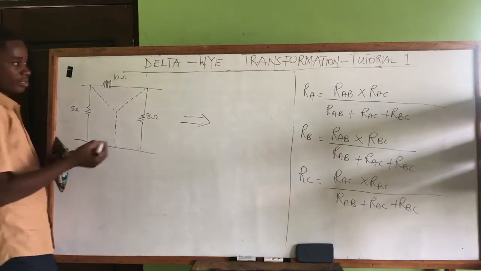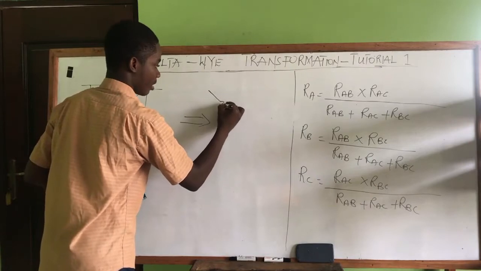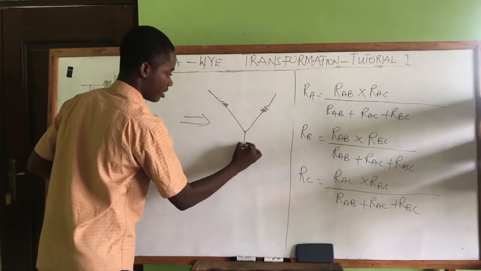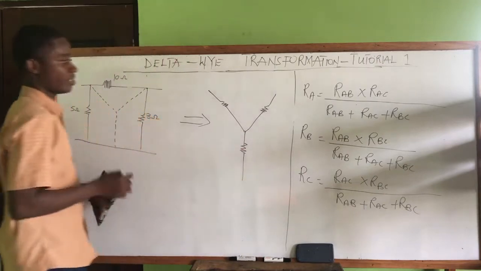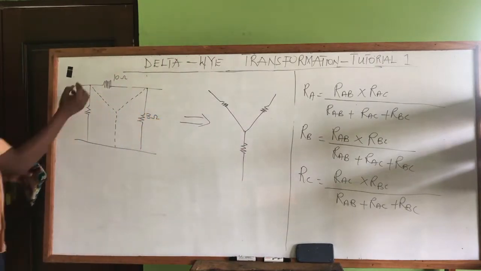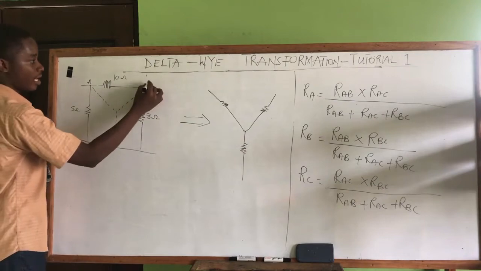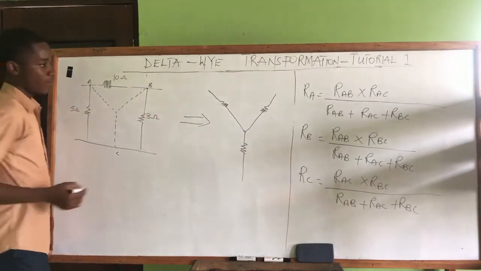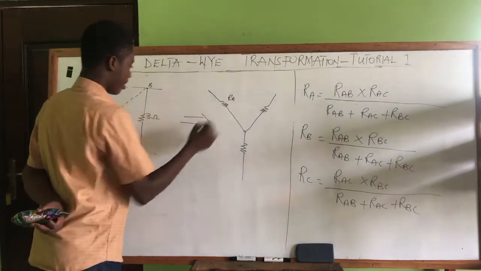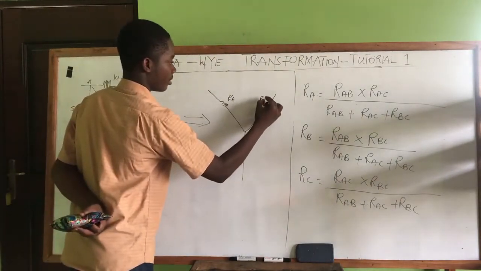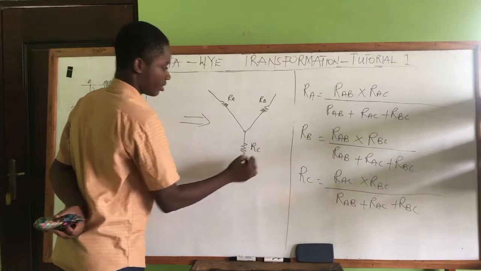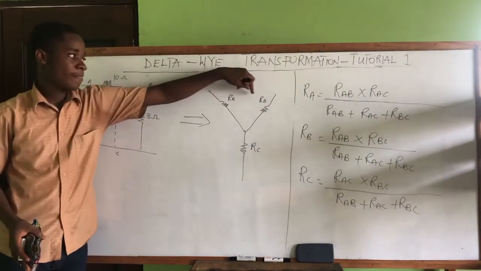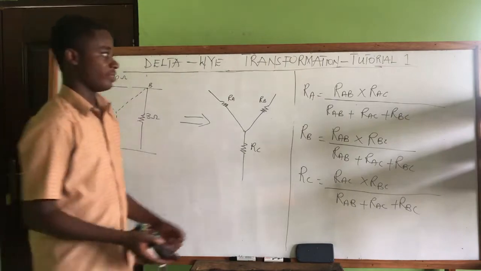That's our Y. I have this one here, I have this branch also here, then I have this one here. So let's name the junctions A, B, and C. So our Y values, we have RA, RB, and RC. So we are going to use the formula to calculate RA, RB, and RC.